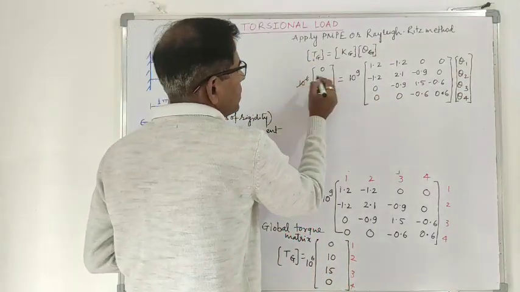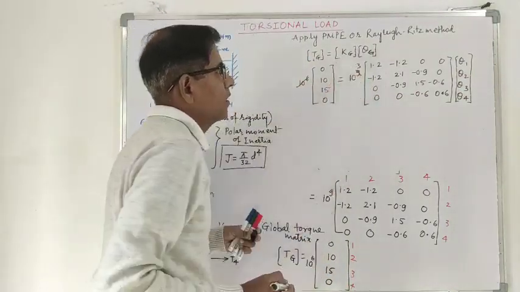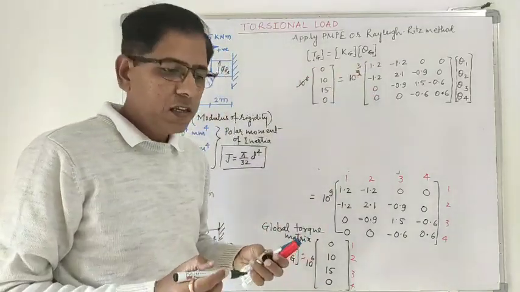Now here 10 to the power 6, so 10 to the power 3 remains here.